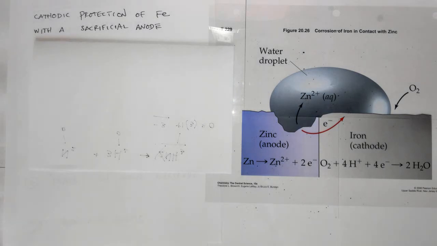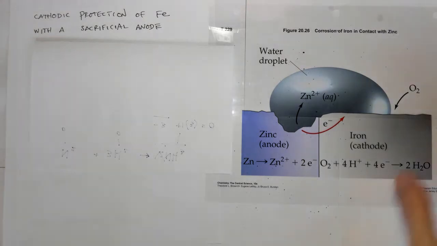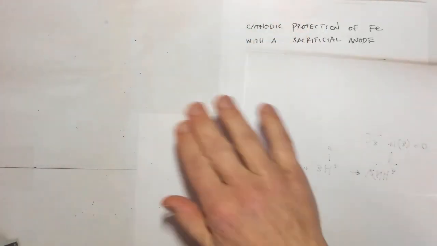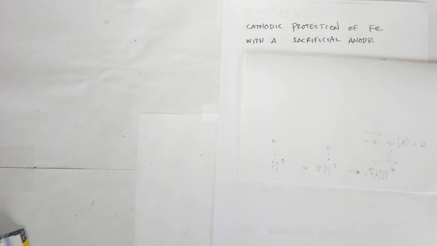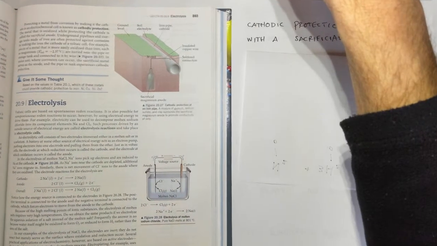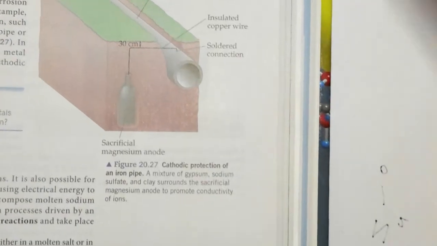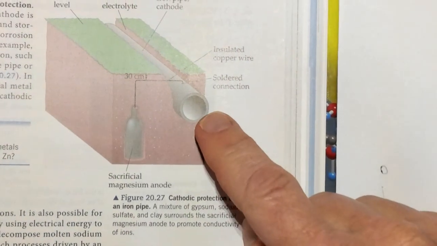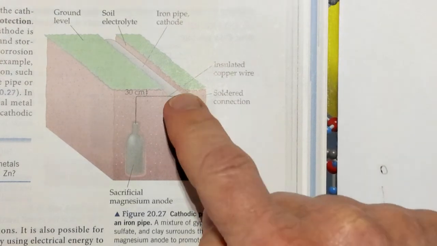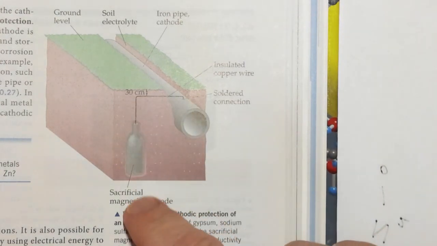This happens lots of times underground or with species that are in water a lot. If you have an outboard motor, for example, you could probably find a sacrificial anode connected to it. Here's an example of a sacrificial anode in diagram form, where we'd have an iron pipe, and connected to it we'd put a wire to a chunk of magnesium.